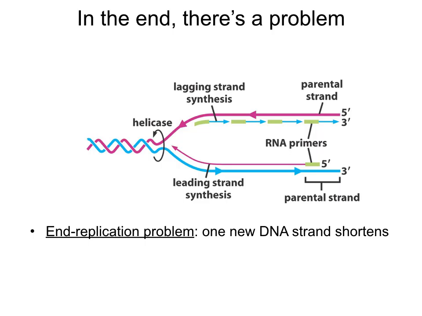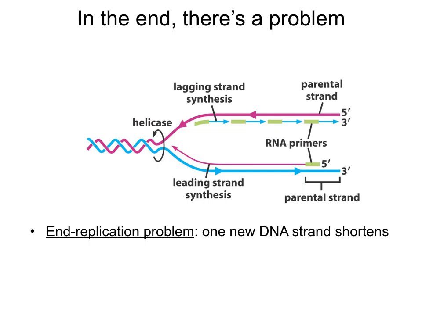On the other strand, the primase doesn't actually place an RNA primer at the extreme end of that blue parental strand. In fact, it might be 50 or 100 or 200 nucleotides short of the extreme 3' end of that particular strand.